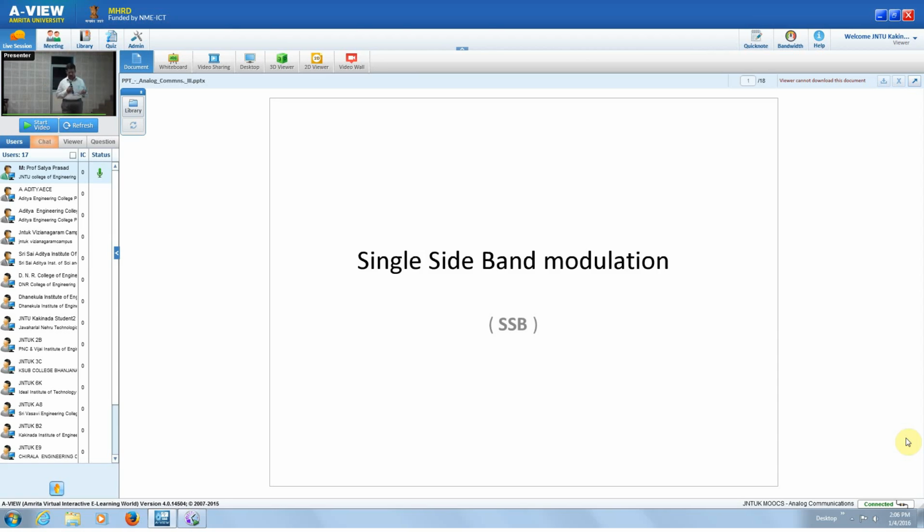And this is what you call quadrature multiplexing also, because in the normal DSB-SC only one signal m of t can be transmitted by modulating with your cos omega ct.